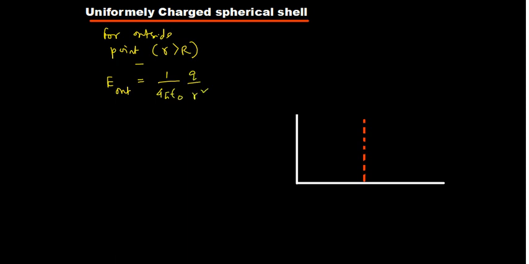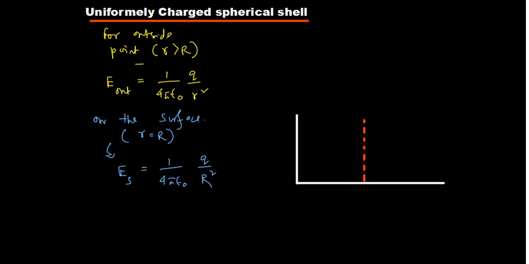On the surface, surface means small r is equal to capital R. So E on the surface, ES, will be equal to 1 by 4 pi epsilon naught q by capital R square.